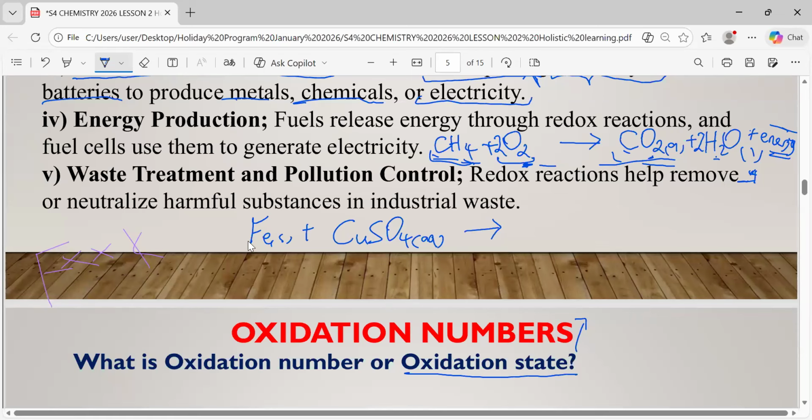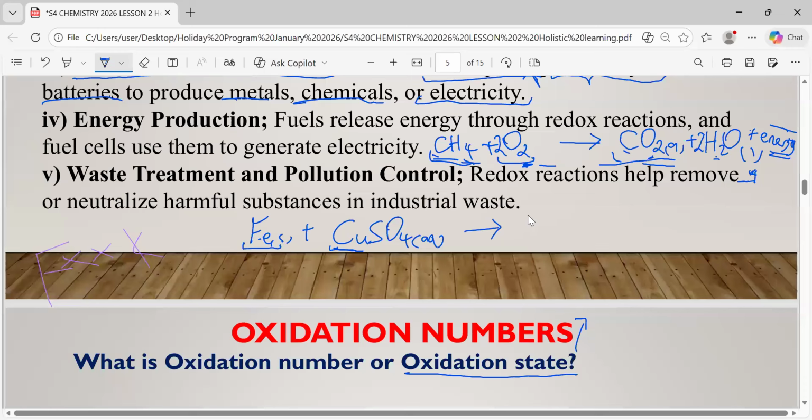Why? Now, we see here two metals. The first metal we see, which name is given to this? This is which metal? Iron. Then in this compound here, copper sulfate, which metal are you seeing there? Copper. Now, between copper and iron, which one is more reactive? Iron. Because iron is more reactive, it is going to displace copper from this compound and then it forms iron sulfate.